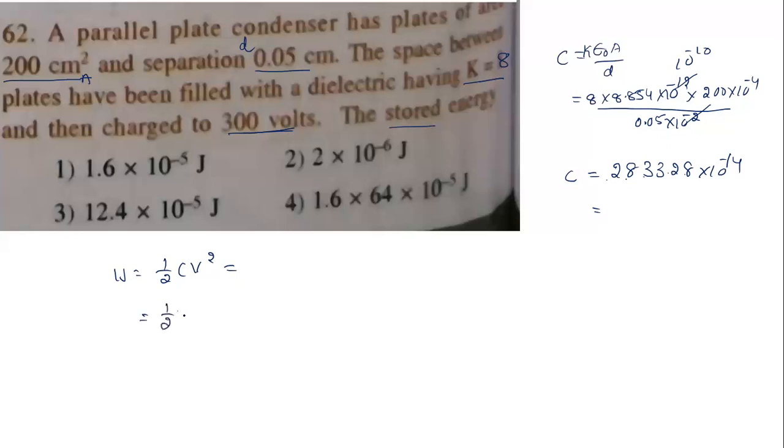It will become 1 by 2 into 283328 into 10 power minus 14 into V square, how much is V given? 300 square. So into 300.